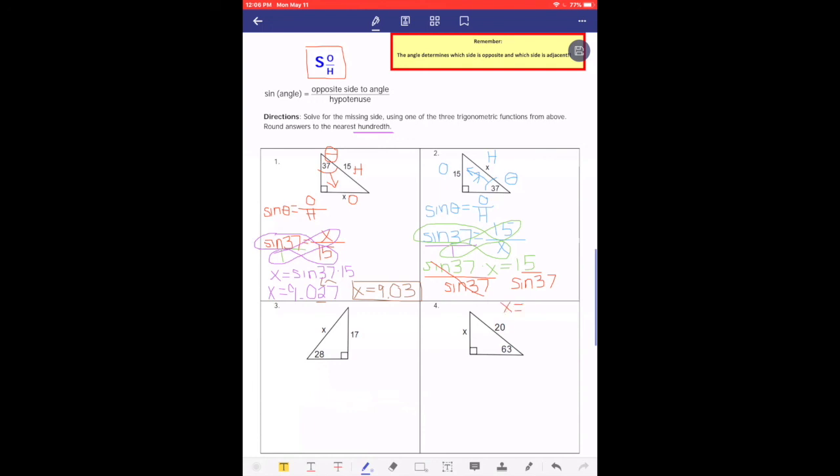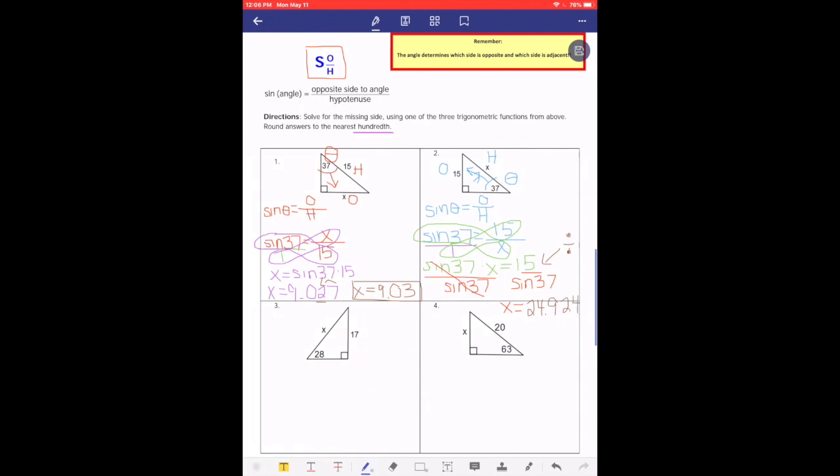X equals. You want to take your calculator and divide 15 divided by sine 37. When you divide in your calculator 15 divided by sine 37, you will get x equals 24.924.